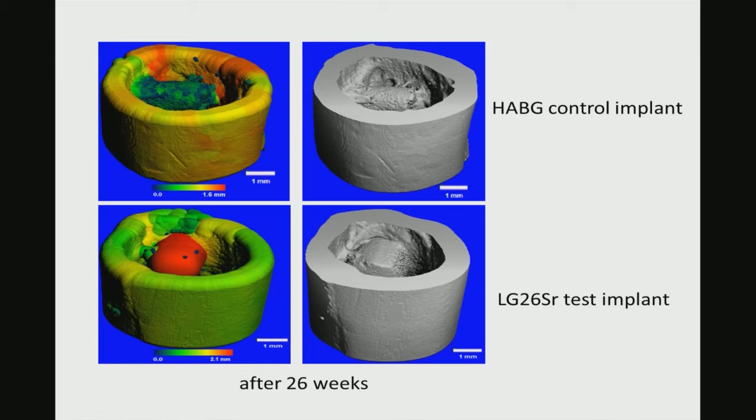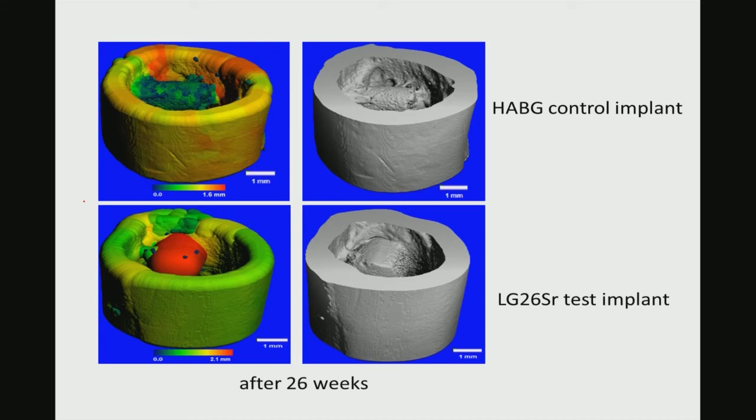Now, if you look at this particular case, almost all of the implant, which is of cylindrical shape, is covered with thick tissue around it, and this thick tissue typically has a thickness somewhere around 2 millimeter.